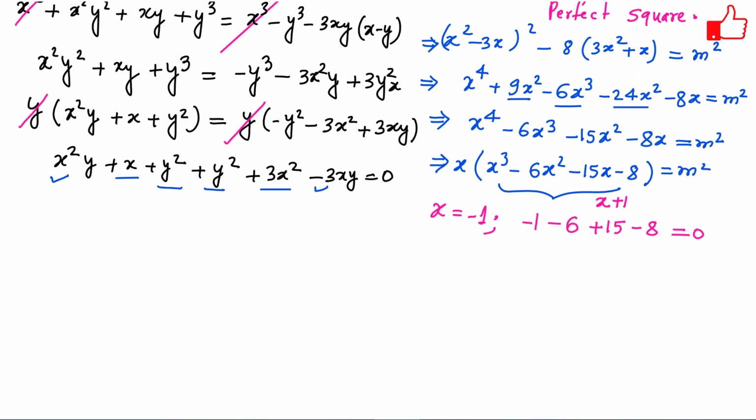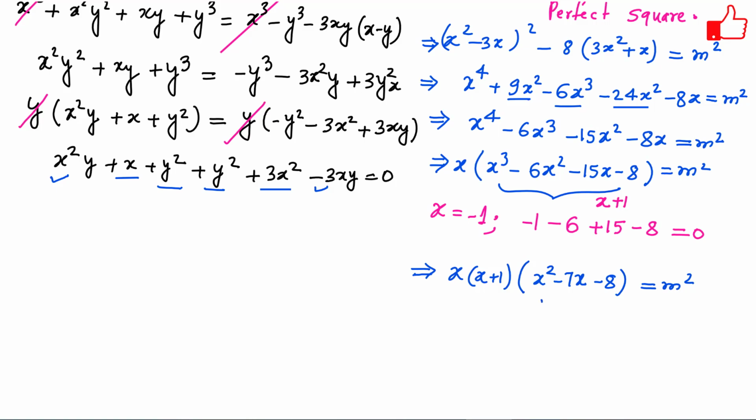So let us factorize this equation. So I can write this equation as x times (x + 1), and then if you divide this whole expression by x plus 1, you will have x² − 7x − 8, and this is a perfect square, so this is m².